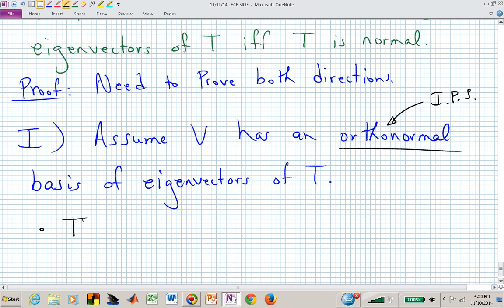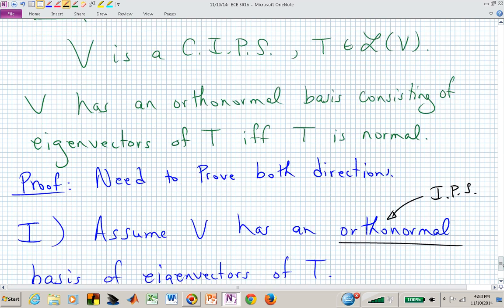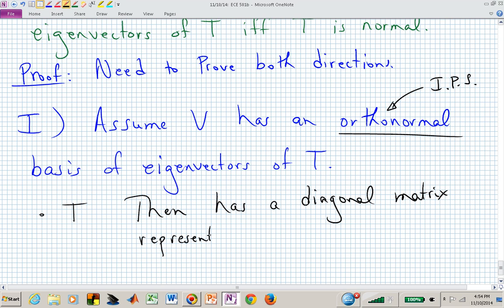Assume V has an orthonormal basis of eigenvectors of T. We can now say then that T has a diagonal matrix representation with respect to that basis.